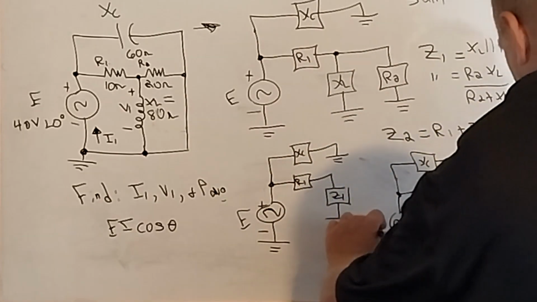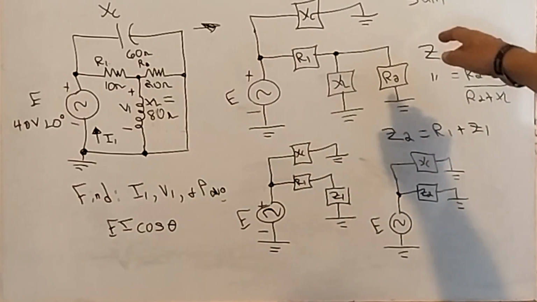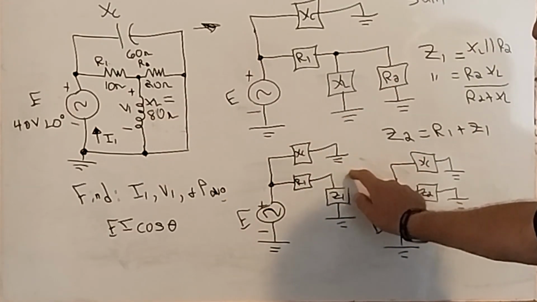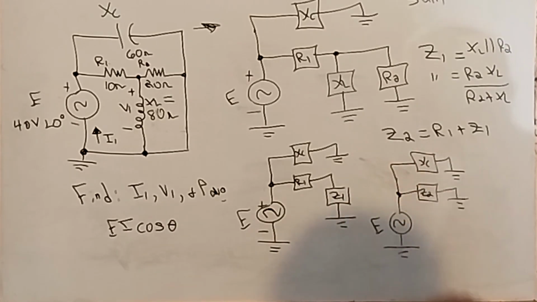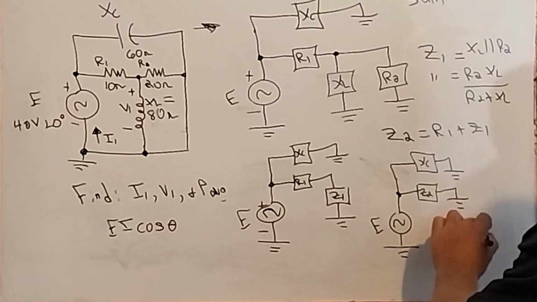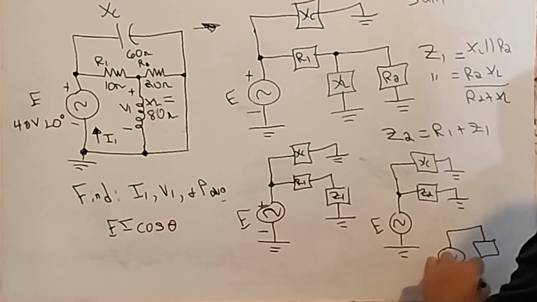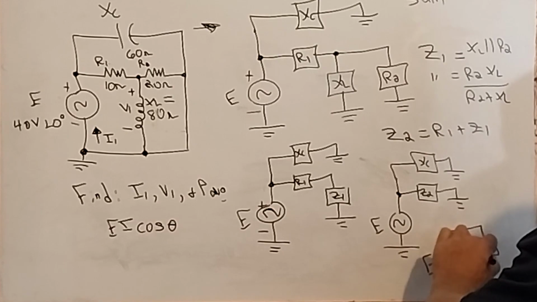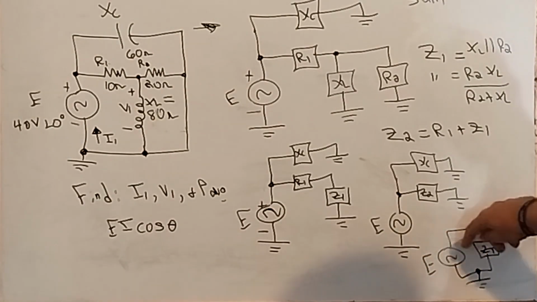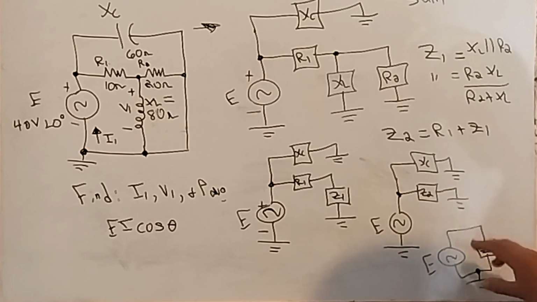See that? We went from these two in parallel to this, these two in series to this, these two in parallel. This is going to be Z total. The total impedance in this circuit can be calculated because it's a series parallel circuit that can be broken down to one element.